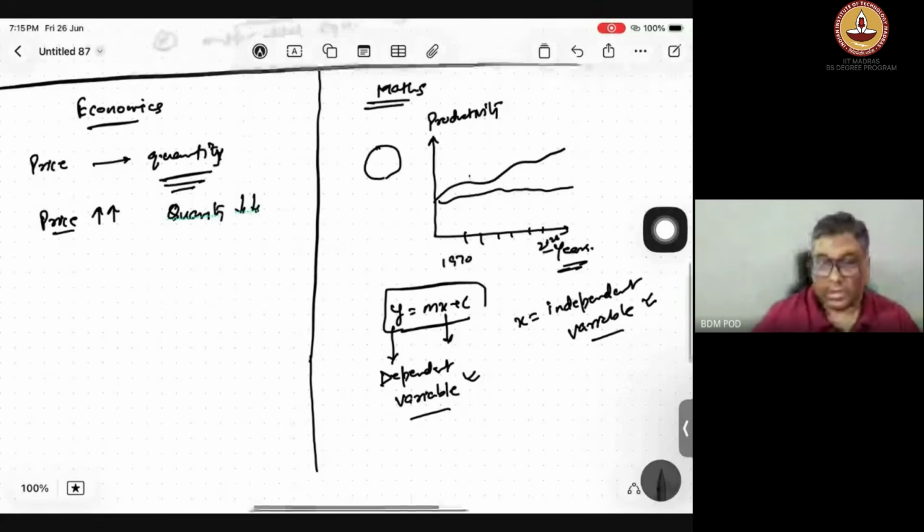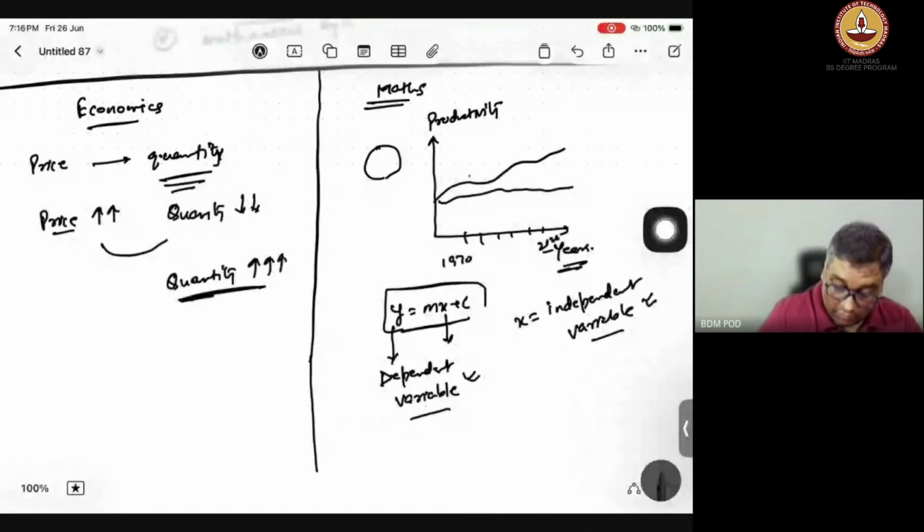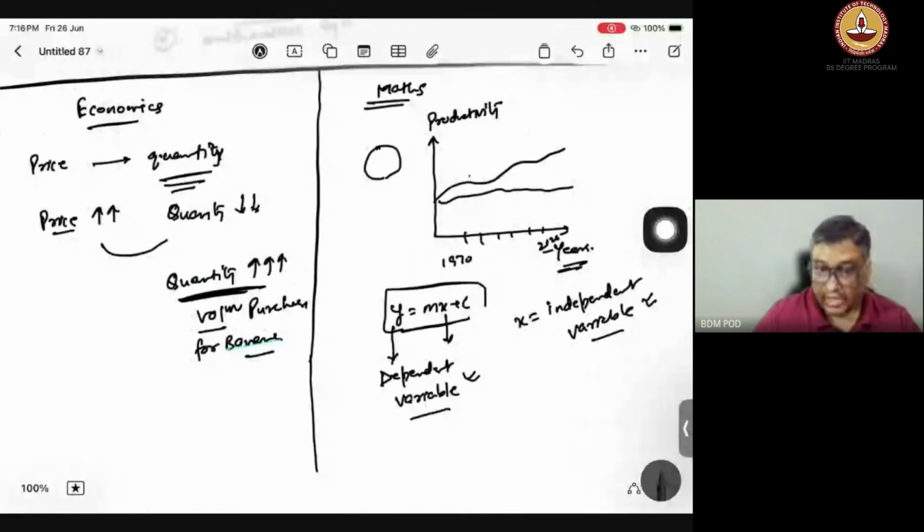and vice versa. If we need a larger quantity of banana, if we increase the volume of purchase, then in that case if you are purchasing 1 kg, we will not get a discount.